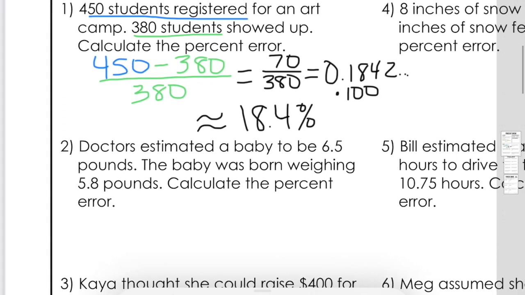Okay, number 2. Doctors estimated that a baby would be 6.5 pounds. So there's our estimated value. The baby actually weighed 5.8 pounds. So we've got to find our percent error. So we have 6.5 pounds minus 5.8, and then we're going to divide it by 5.8.